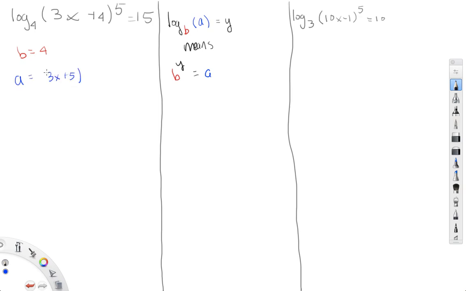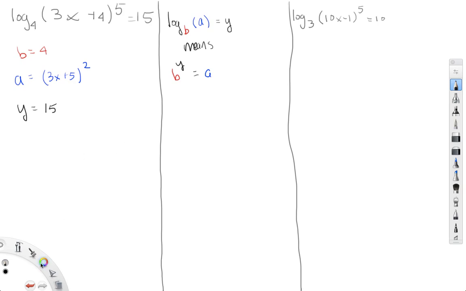It's a binomial, two terms, to the 5th power. And the number that we get from finding log base 4 of this expression is 15. So which number do you find log base 4 of after raising 3x plus 4 to the 5th power? Find log base 4 of that number, and it gives you 15.